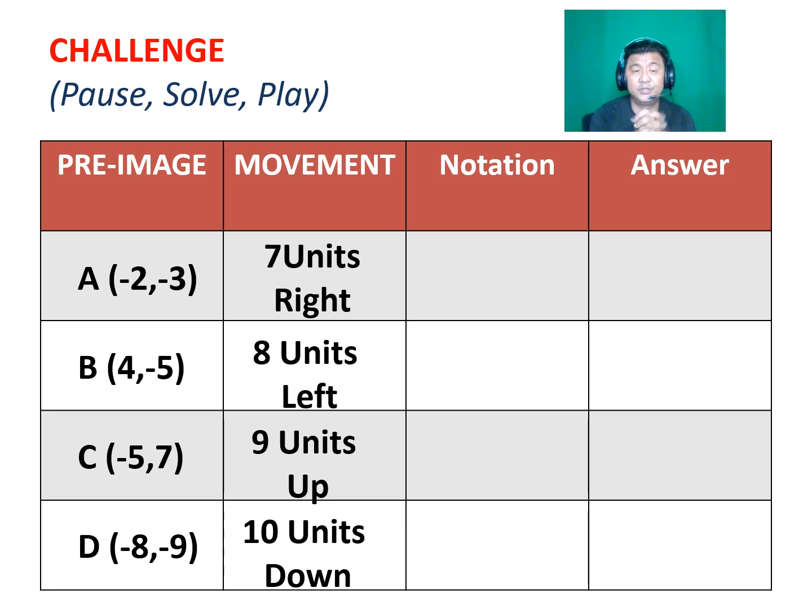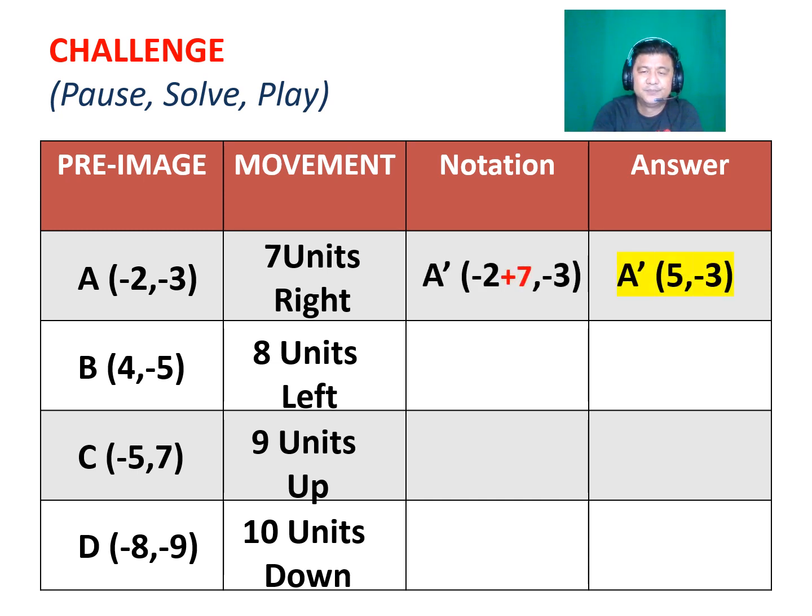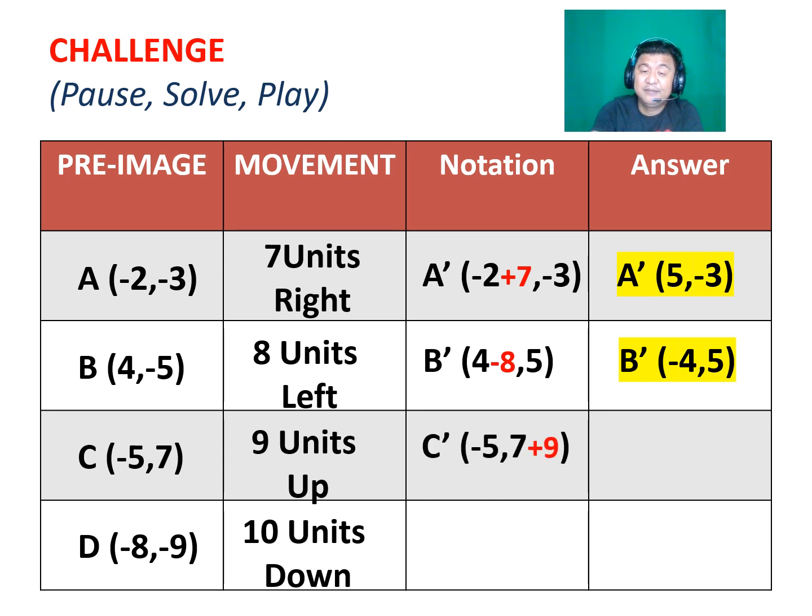Now, do this on your own. Pause, solve it, write down your answer, and then once you're ready, play. Okay, here we go. Check your answers. Correct? 4 minus 8, comma 5. Negative 4, comma 5. 5, comma 7 plus 9.